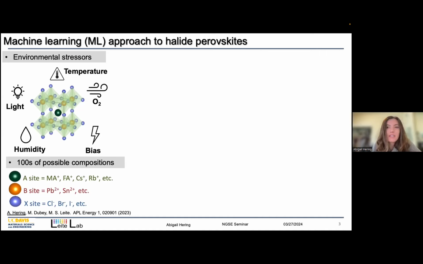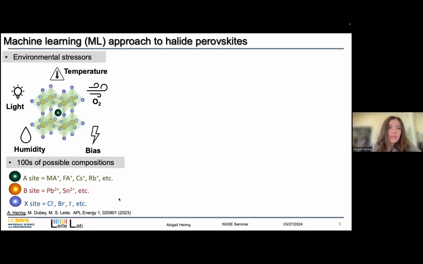These environmental stressors can cause degradation of the perovskite, and there can be several different mechanisms of this degradation. So there can be decomposition, degassing, phase transitions to non-photoactive phases. There can be segregation of ions or formation of defects or electronic trap states.